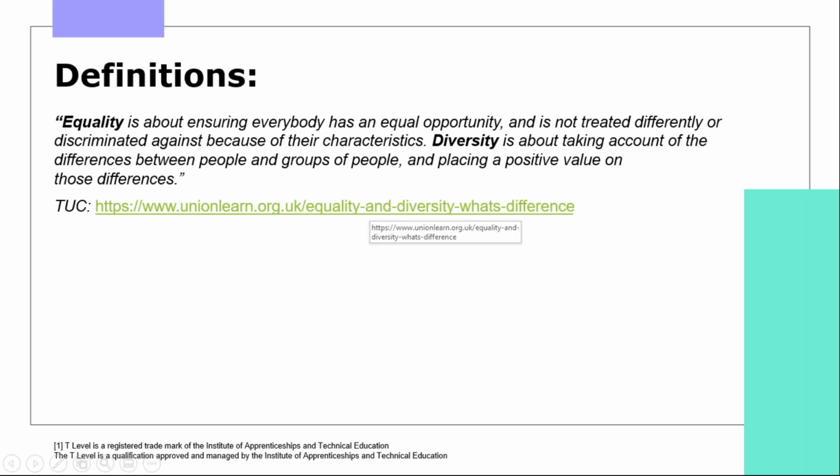This would impact on our work via a review of the environment, resource production, and use and levels and types of support offered, to name a few. And for diversity, this suggests that we should value the differences between people, and we'll discuss how both of these impact on teaching and learning of the T level in today's session.